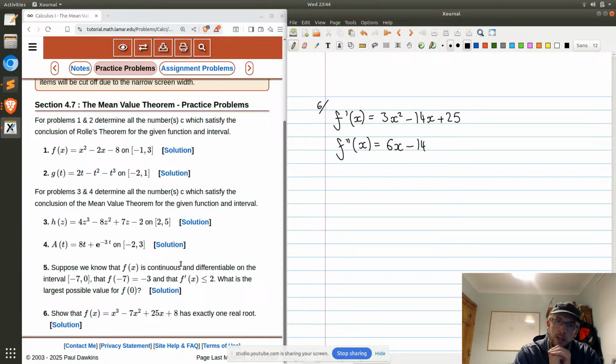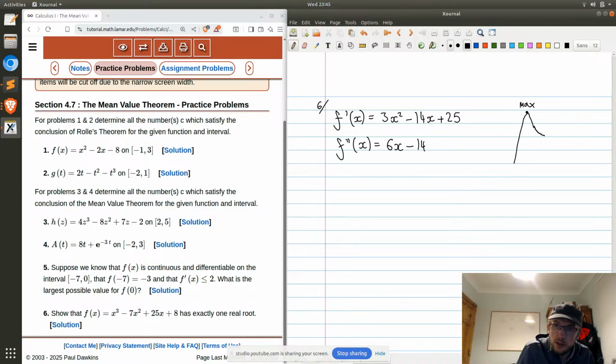So, the first derivative tells me where the function is increasing and decreasing. And where it transitions from increasing to decreasing is going to be a relative maximum.